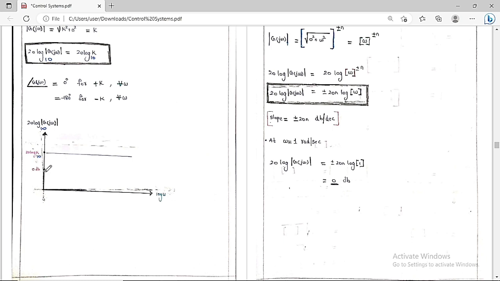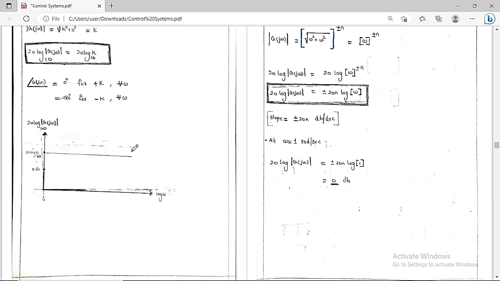This is 0 dB; above it are the positive dBs, and below it are the negative dBs. So this is log ω. This is the Bode plot for G(s)H(s) equal to plus or minus k, which is 20 log k with base 10. This is the magnitude plot that we are going to get here.